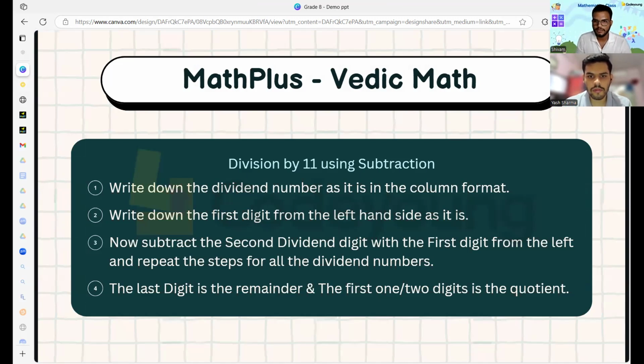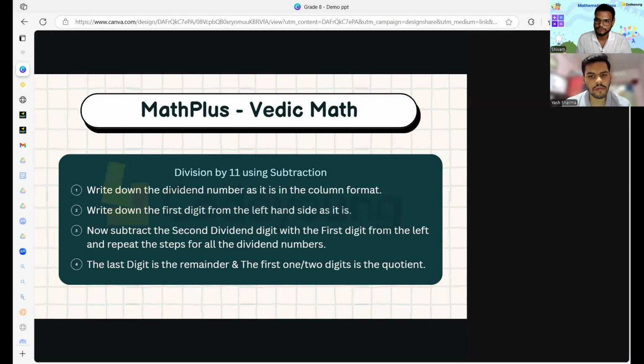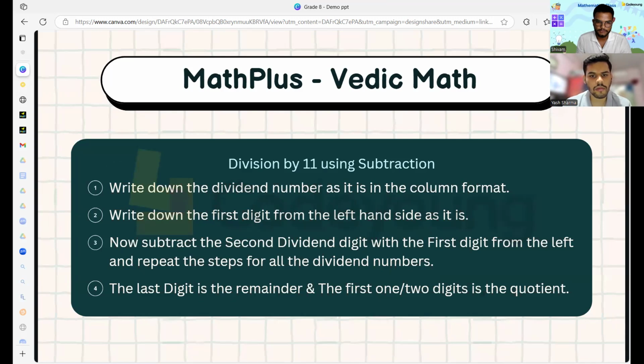When you attempt division by 11 of any number, you usually simply use the division method. If you have a number like 573 and you are dividing it by 11, 5 elevens are 55, you do this one, right? This is the way you divide.